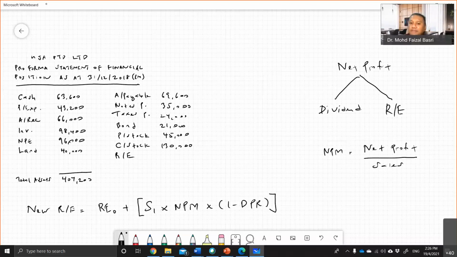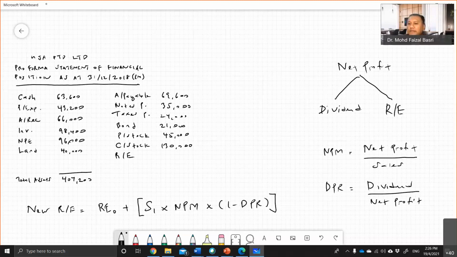Next part, we have 1 minus DPR. DPR stands for dividend payout ratio, which is the portion of dividend taken from the net profits. In formula, DPR equals dividend divided by net profit.